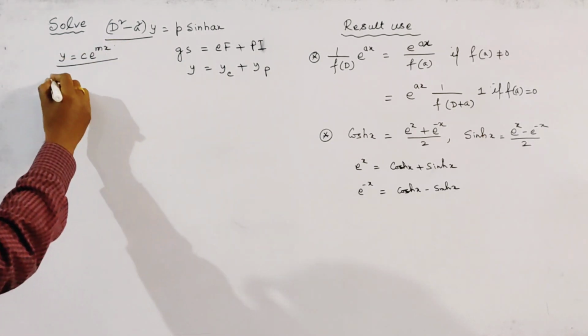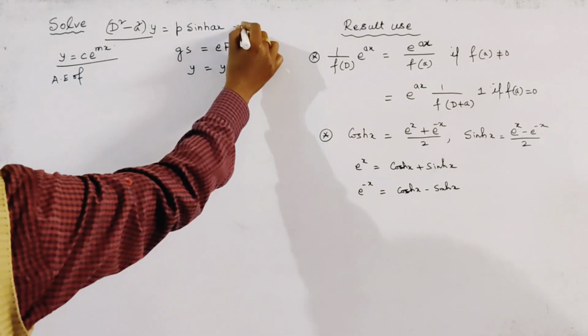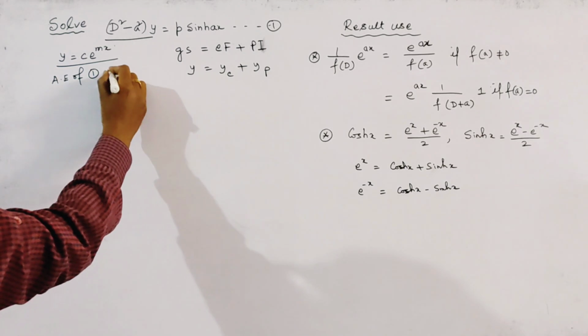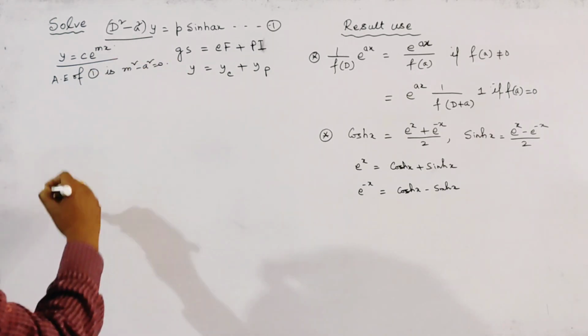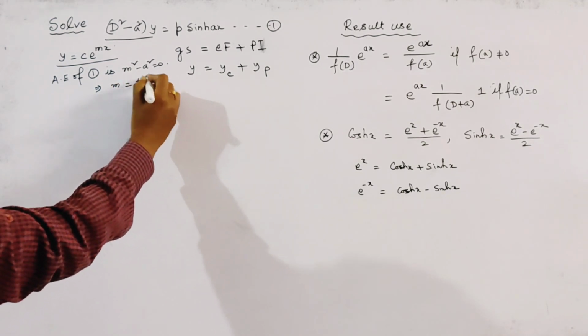If we name this equation 1, the auxiliary equation of 1 is m square minus a square equal to 0. So we get m equal to plus minus a.